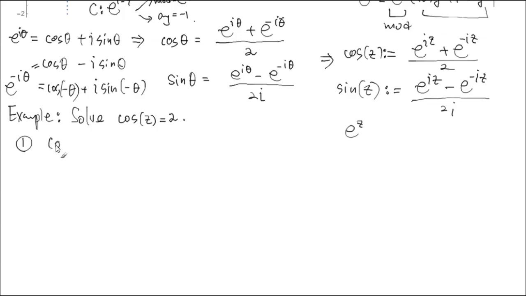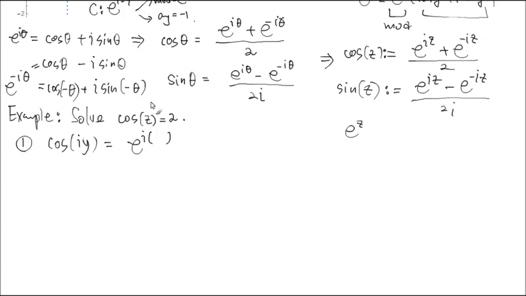I just want to feel what that is. Let me try z equals iy. Let's try simple things. So what is the definition of cosine again? e to the iz, right?